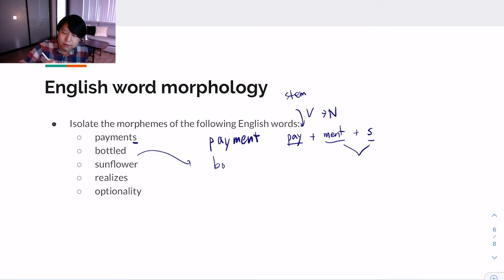Bottled is made of bottle and the ed ending. So the ending ed is something you use when you make a participle. In here, bottle is used as a verb. You bottled something. It consists of two parts: the verb bottle and an ending ed to make it a past participle.